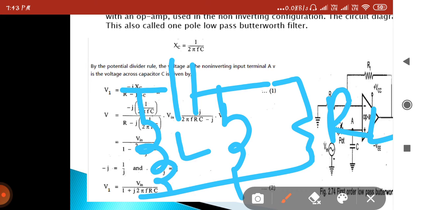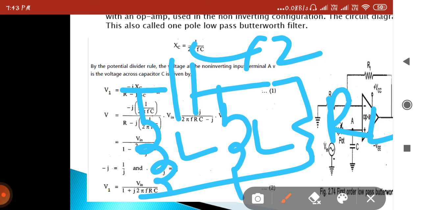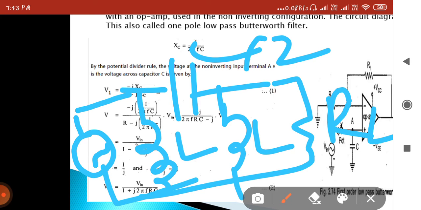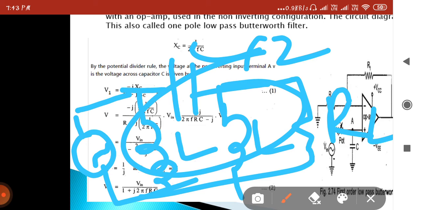This is an L section, C by 2 low pass, and this is V in. This is a normal circuit of the low pass filter. Low pass filters can be an L section, a pi section or a T section. This is a normal usage of the filter.